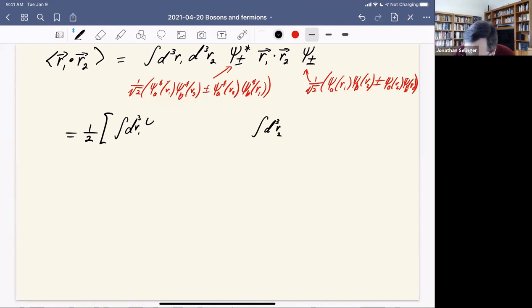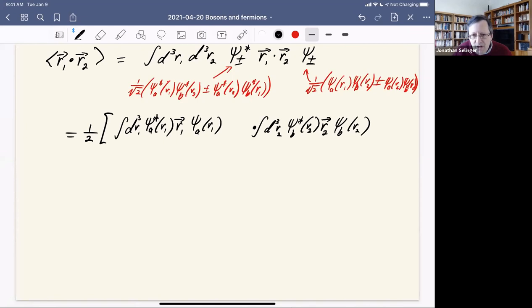So we have psi A star of R1, psi B star of R2, then R1 dot R2, and then psi A of R1, psi B of R2. That is the first term. Three more to go.